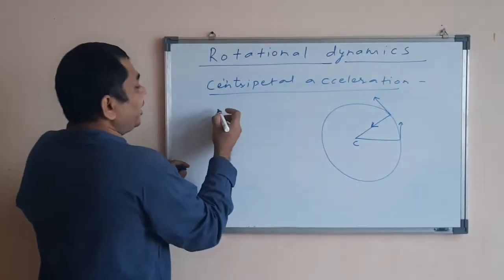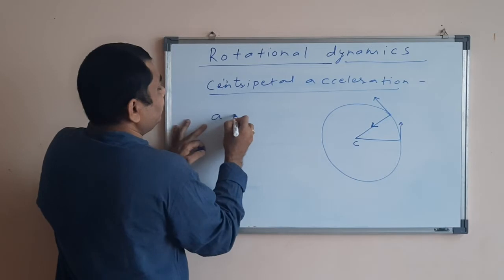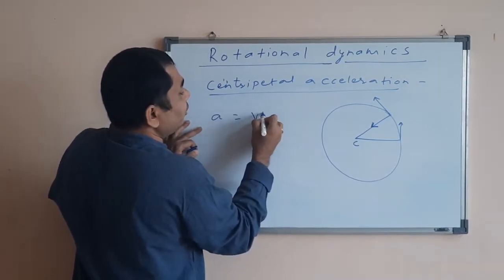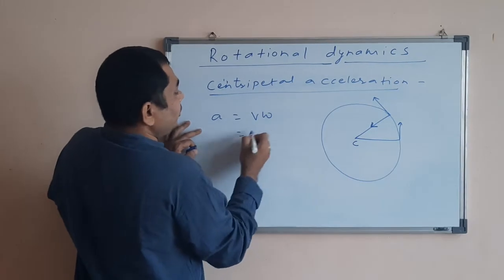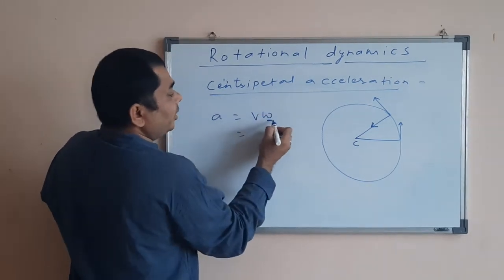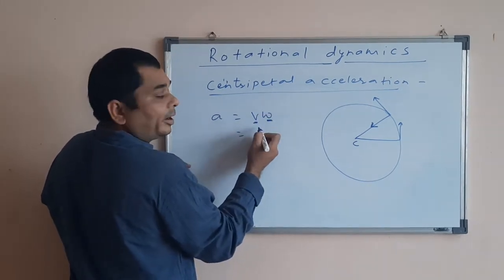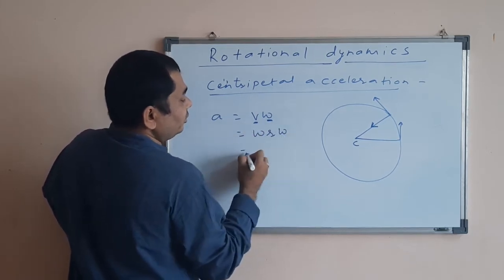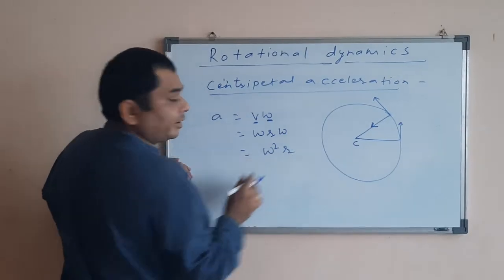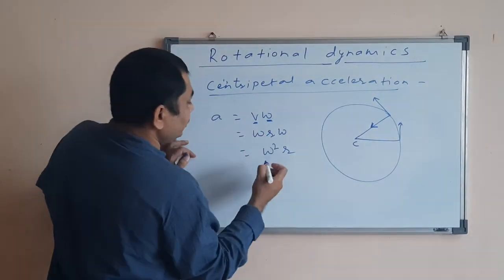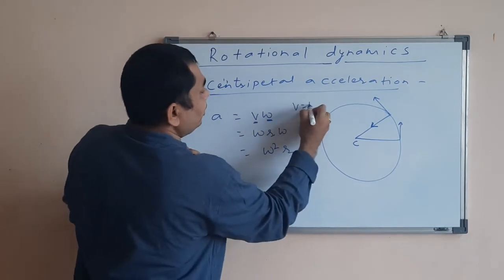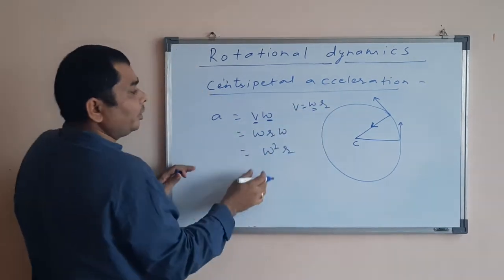Its magnitude, the centripetal acceleration magnitude, will be v into omega. This is also the same, as v is equal to omega into r. So a is omega r into omega, which is equal to omega square r. Or this can also be written as: v is equal to omega into r, so omega is equal to v by r.